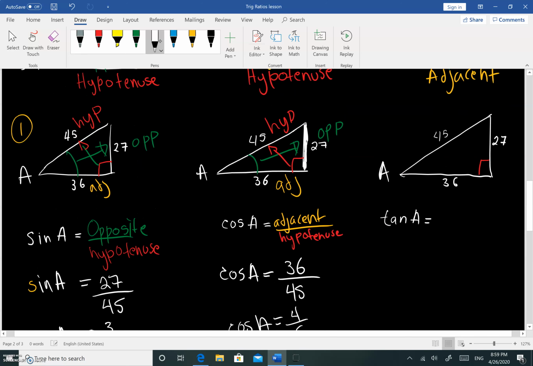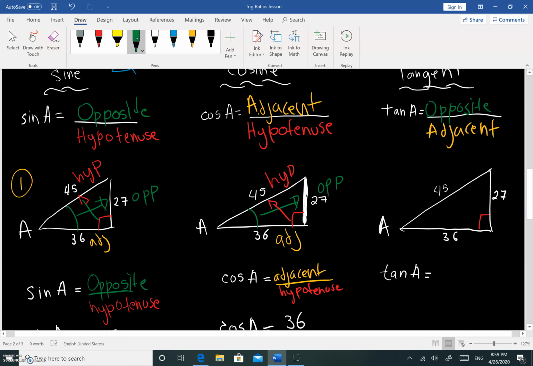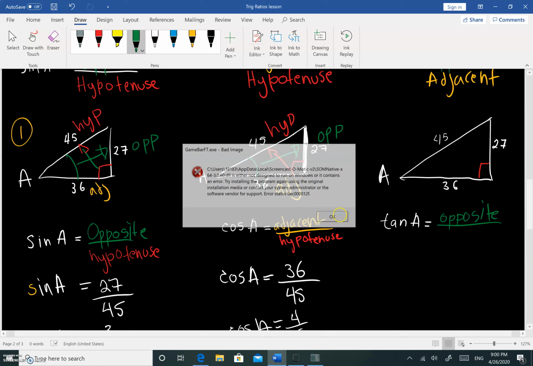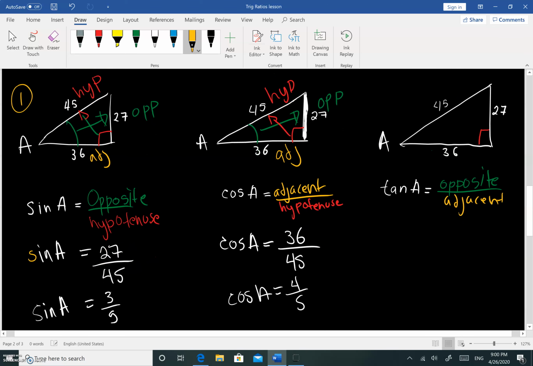And now the last one, tangent of A. Tangent of A is actually opposite over adjacent. So let's go ahead and give the ratio.